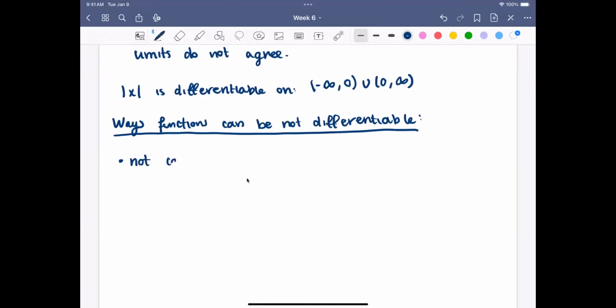Another thing that could happen is, we also saw that limits don't exist when the limit goes to infinity, right? So if you have a vertical tangent, then that's also not differentiable.